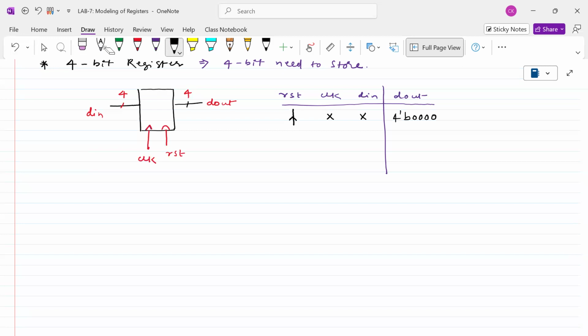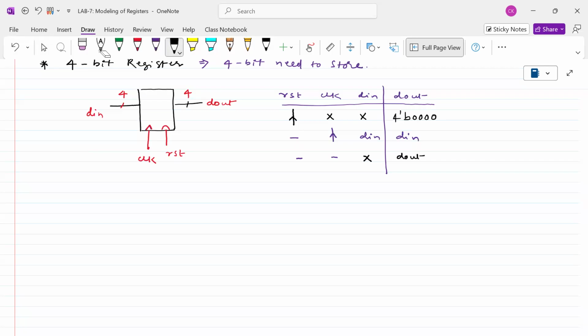Now, if the reset is not there, when the clock is available at the positive edge, whatever D in we apply here will be transparent. Am I right? For all other cases, whatever the D in is, it doesn't matter; the output value is the previous D out.